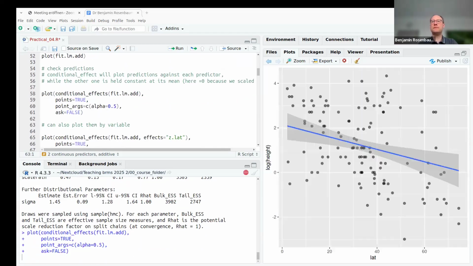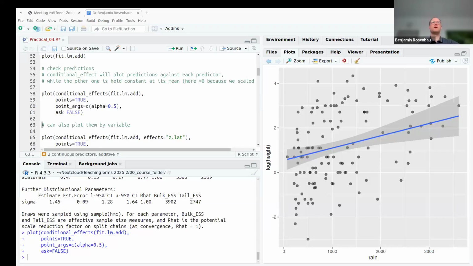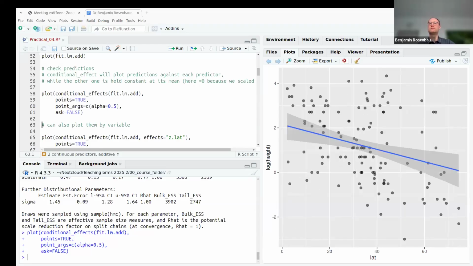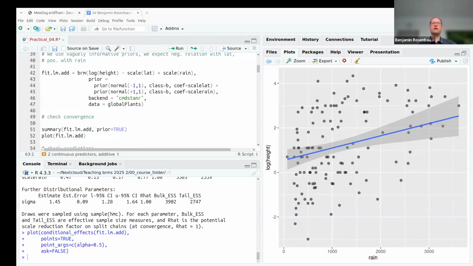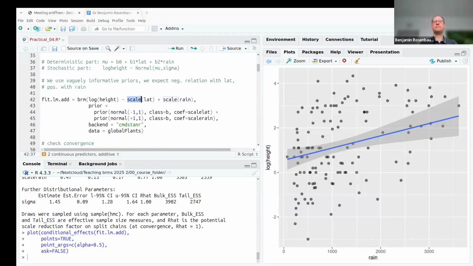Also here, for the output, the plot is done on the original scale. So even if the model works on the scaled version of the predictor values, the output is generated for the original scale. I would always work like this, not with the other one, because it's just much more convenient.